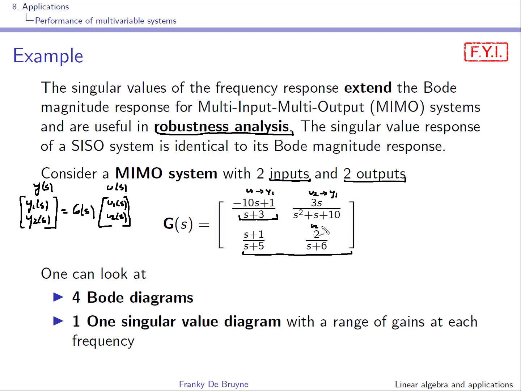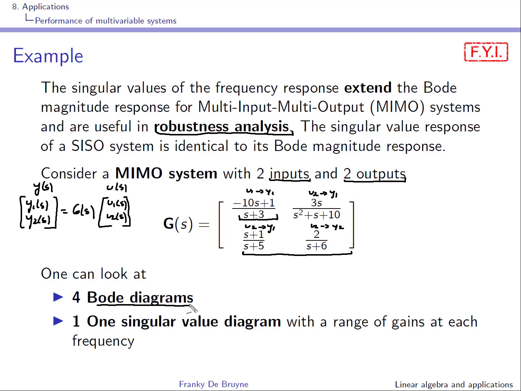This one u2 to y2, and this one u1 to y2. So you could look at 4 Bode diagrams. What they give you is the steady state gain and also phase information at a given frequency. Okay, of course, if this extends to lots of inputs and outputs, you'll have lots of Bode diagrams to consider.